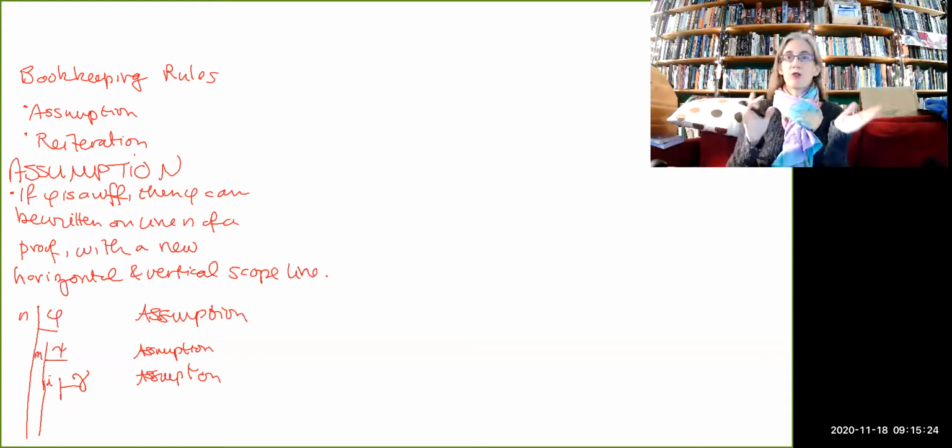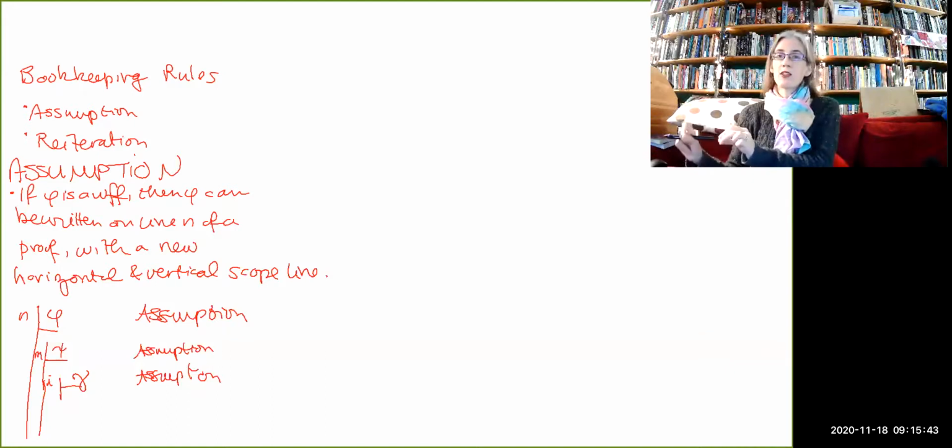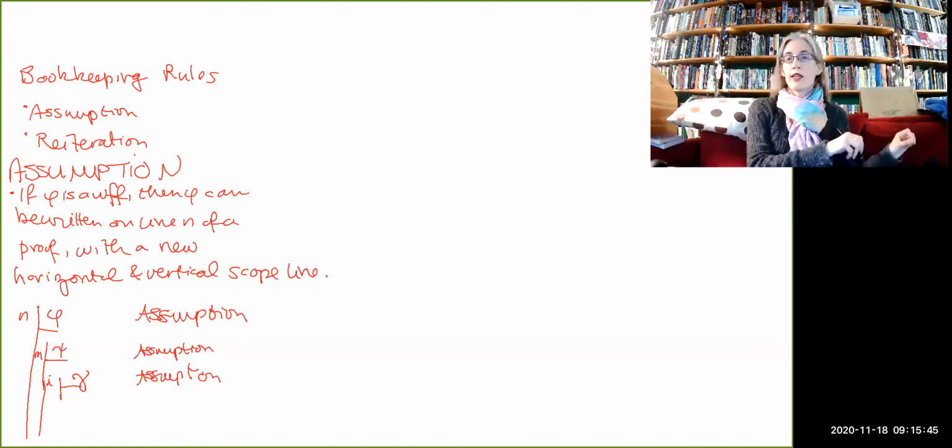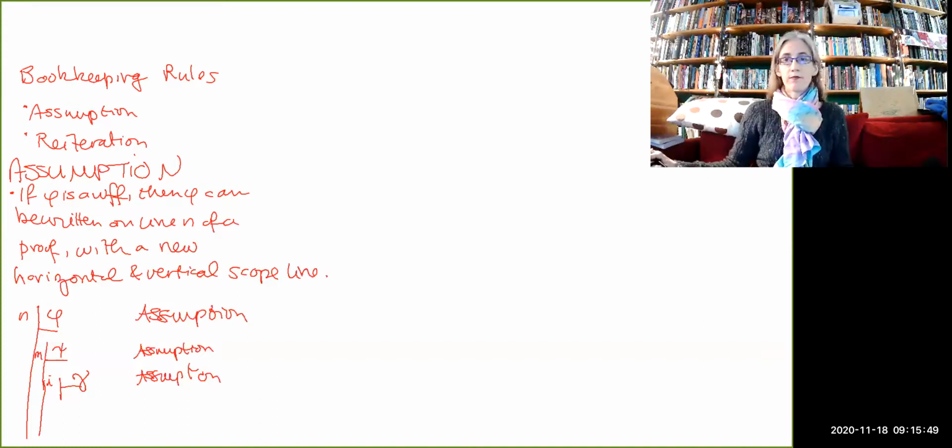We need to keep track of what formulas we've derived to depend on what assumptions. So with reiteration, you can always bring something in so that it depends on more assumptions than it used to. You can do this by checking the scope lines. You cannot do it so that it depends on less. So you can always reiterate into a subproof, but you cannot reiterate out of a subproof. You have to use one of the other rules to do that.